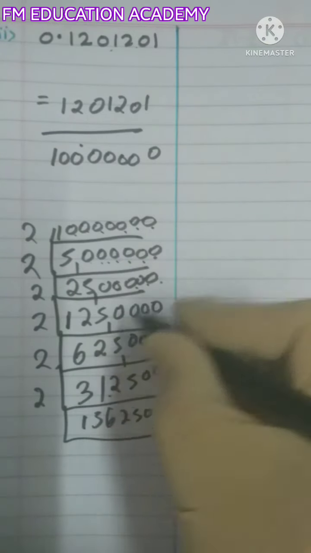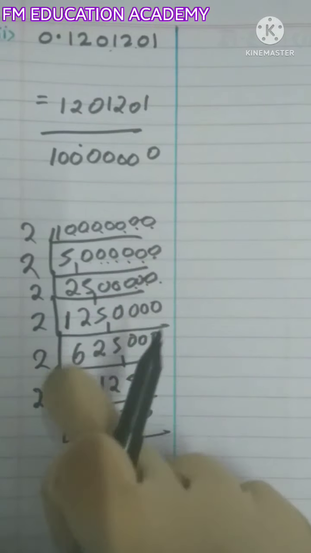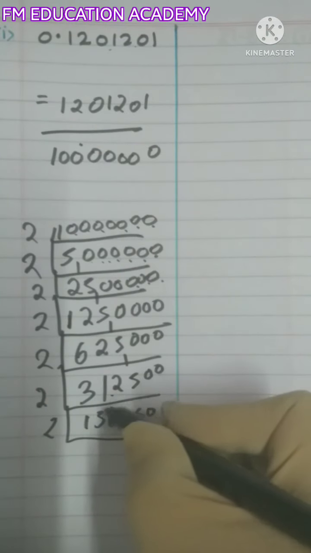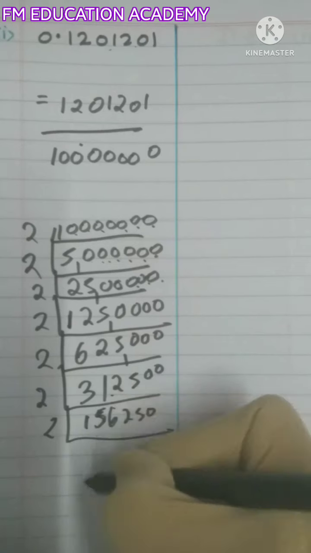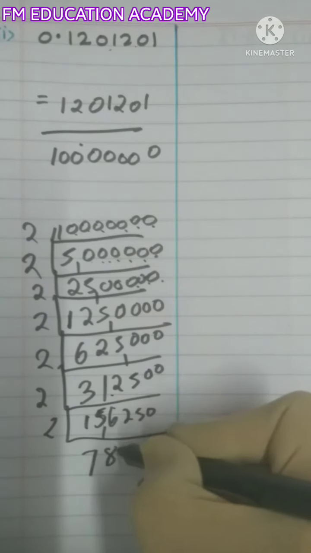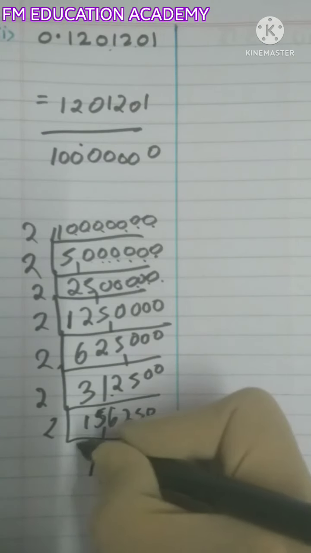Okay. Again with 2. 2 7s are 14, 5 minus 4 is 1 6, 2 8s are 16, 2 1s are 2, 2 2s are 4, 5 minus 4 is 1 0, 2 5s are 10.